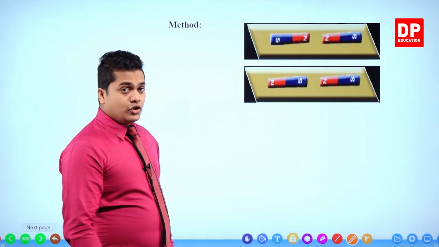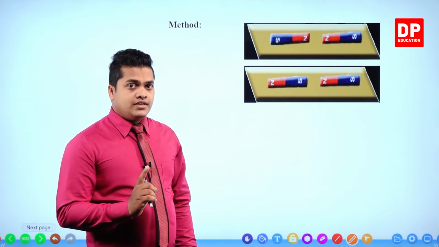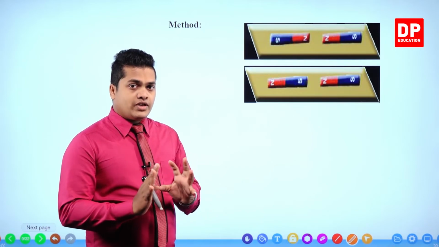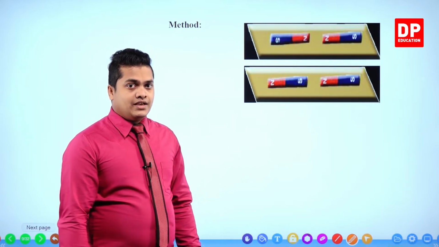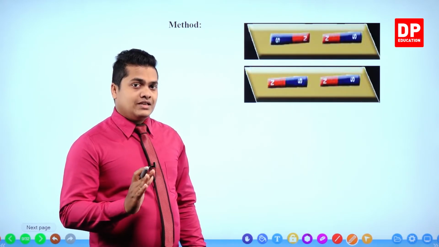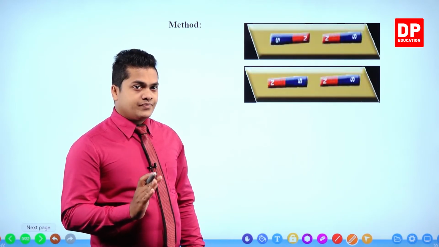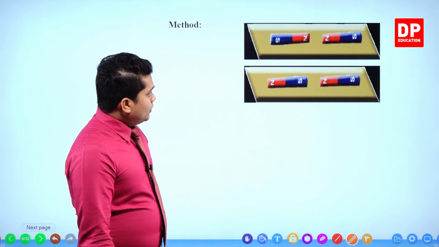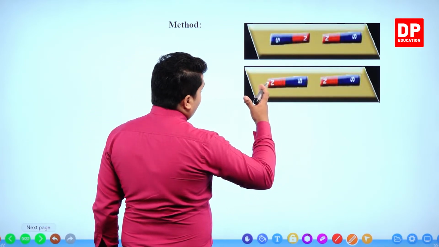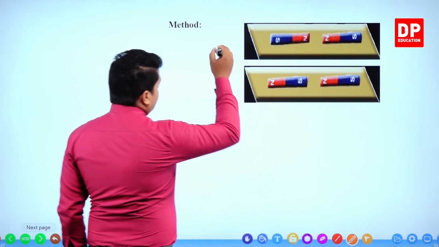If you are using 2 magnets, then we have to carry out the experiment on 2 different occasions, or in 2 different instances. So let's imagine that I'll be having only 2 magnets.